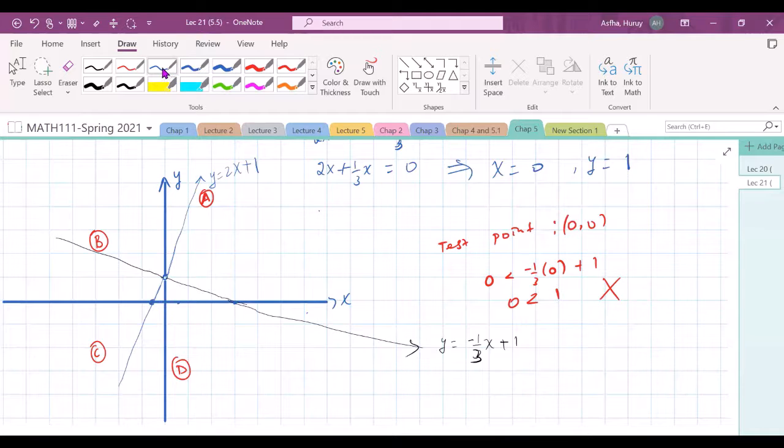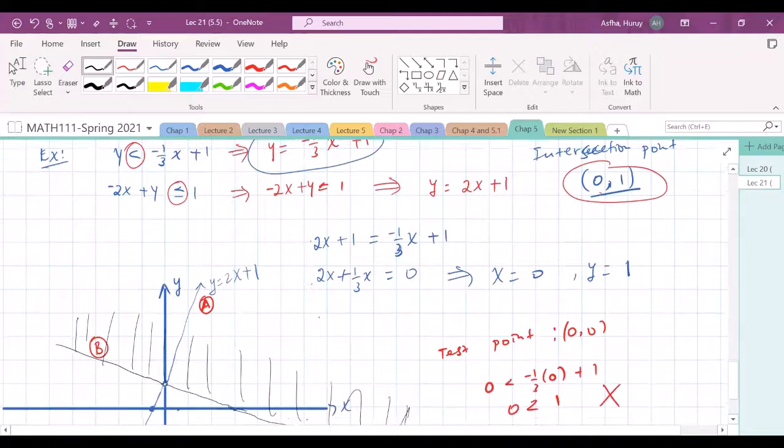Now I will use the black one. This side is the solution to this inequality. And then how about the second equation? Again, we can pick the same test point.